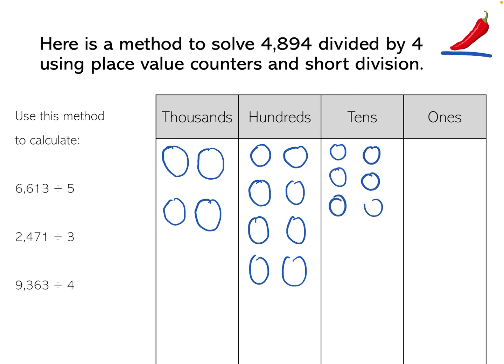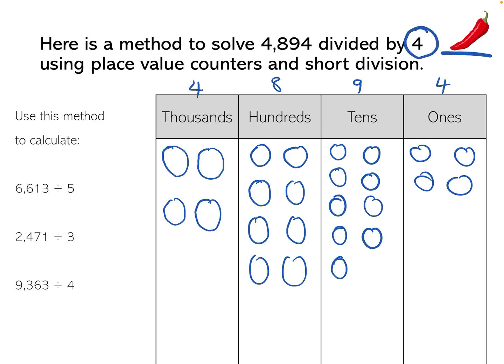How many 10s have I got? 1, 2, 3, 4, 5, 6, 7, 8, 9. And how many 4s? 1, 2, 3, 4. 4 thousands, 8 hundreds, 9 10s, and 4 1s.